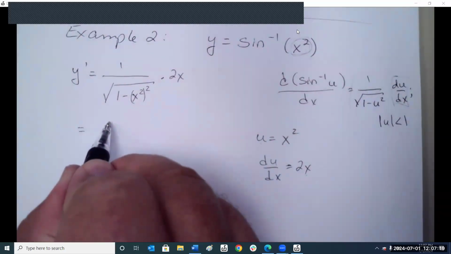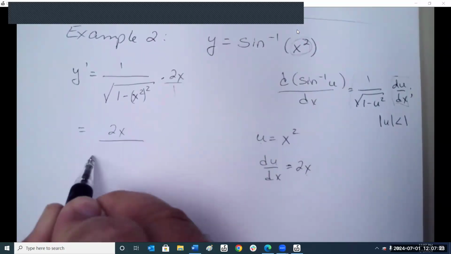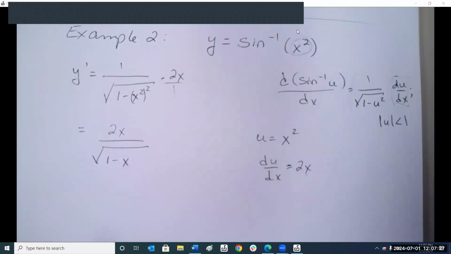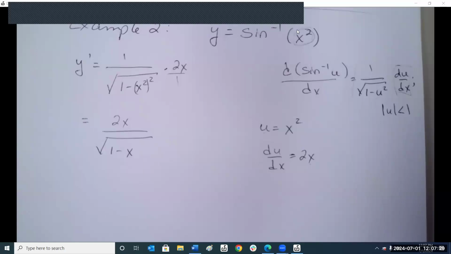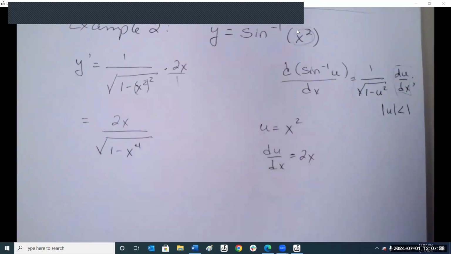So our solution is 2x over 1 minus x to the what? To the fourth. Pretty straightforward and easy.